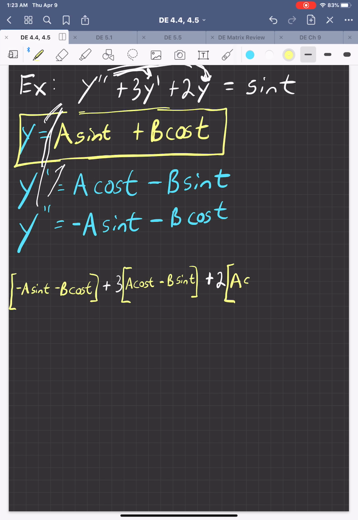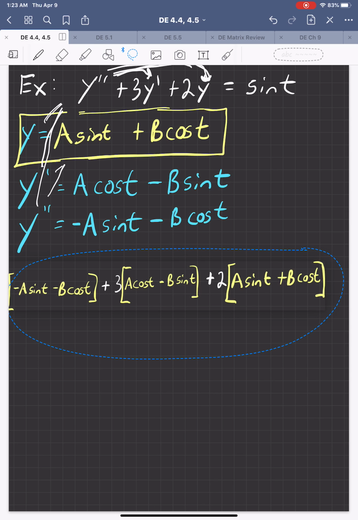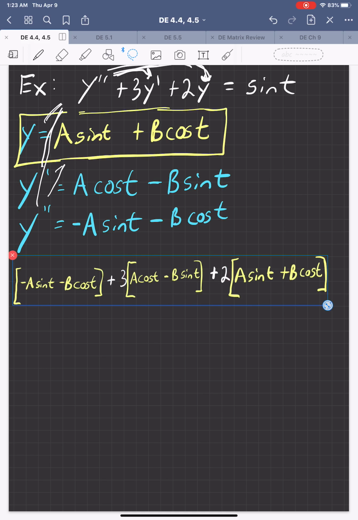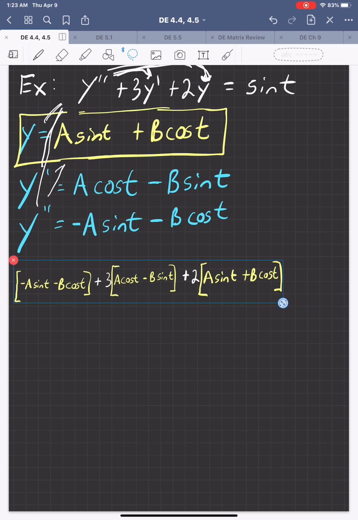So that's a sine of t plus b cosine of t. One more round of cutting and pasting so that I can shrink it a little bit. And that has to be equal to just sine of t. All right, so is this going to work? Well, let's find out.